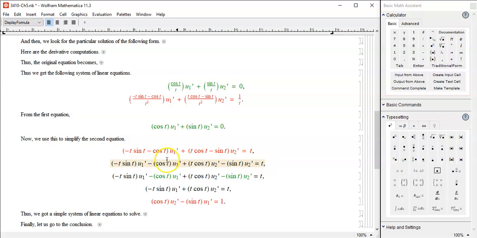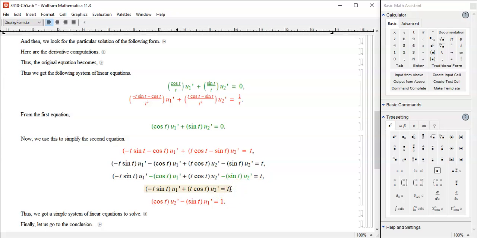And then please note that this one, cosine of t times u1 prime, sine of t times u1 prime, came precisely from here, which I highlighted in green here and there. So they add up to 0. And thus what's left is the black part. This plus that is equal to t.